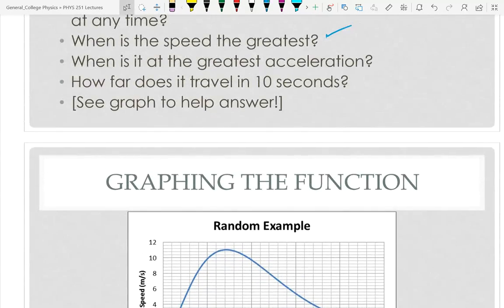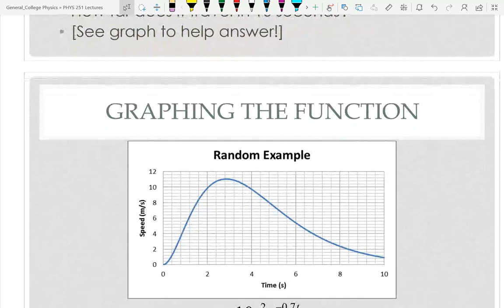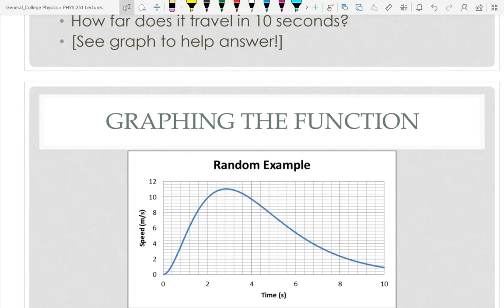And then finally, how far does the graph go? Does it travel in 10 seconds? Now, I'm going to calculate how far it goes in 10 seconds, but first, I'm going to look at the graph. Where is the maximum speed occurring? 20 over 7. Nathan just goes straight to the answer instead of looking at the graph.